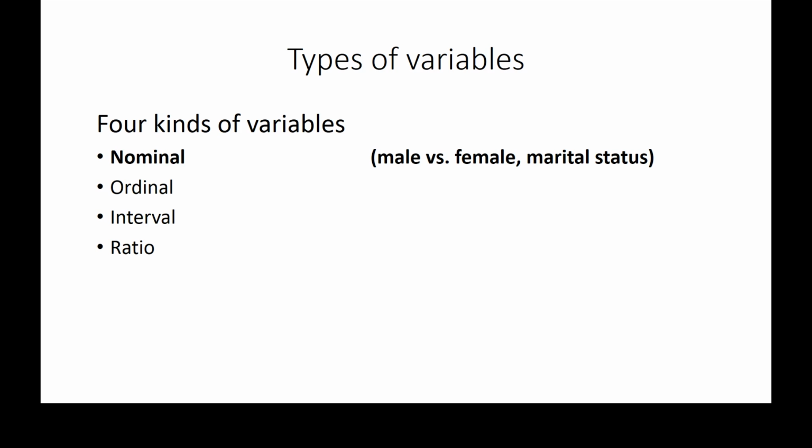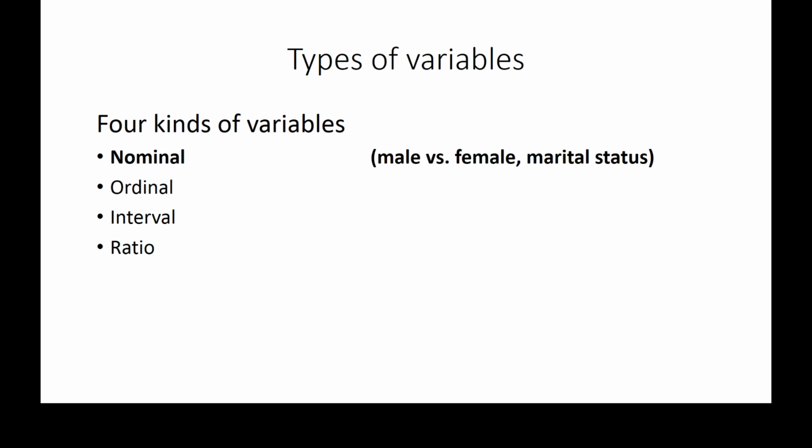Nominal variables have no order or direction. For example, it's impossible to say which is larger of male and female, and the same applies to marital status. If we're comparing people who are married, divorced, single, cohabiting, widowed, or whatever, it's very difficult to set an order.